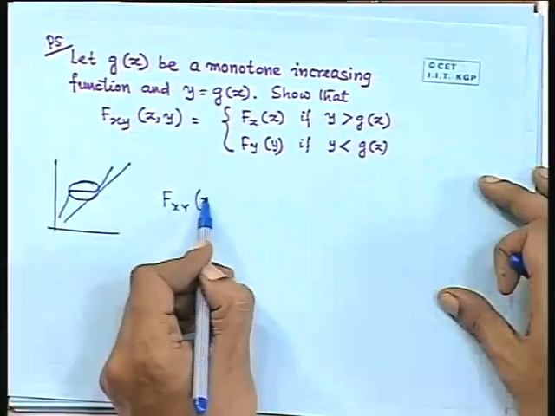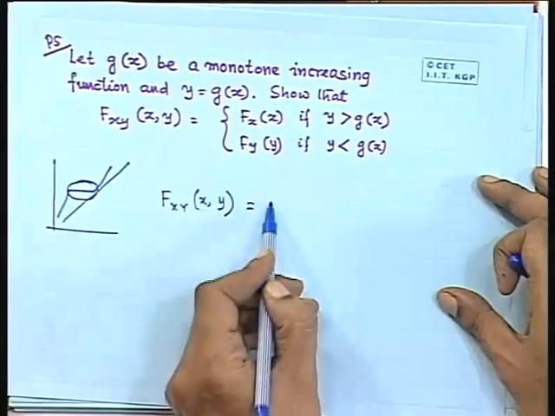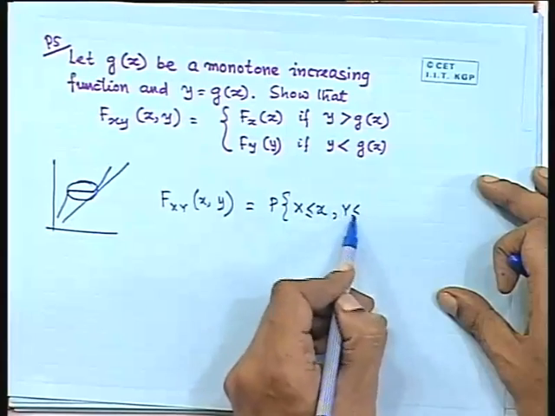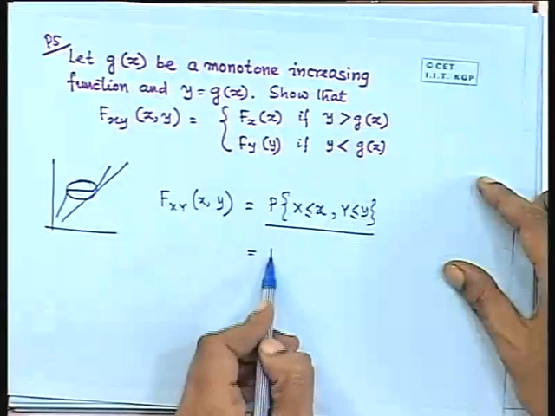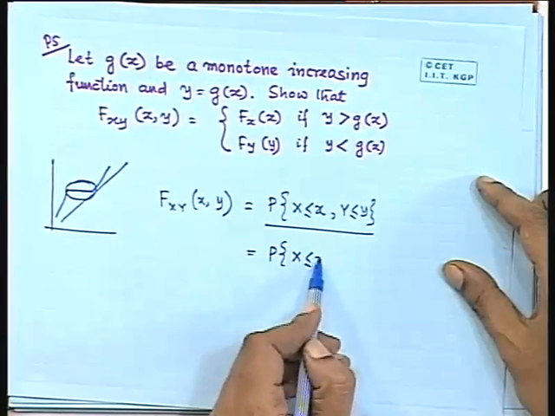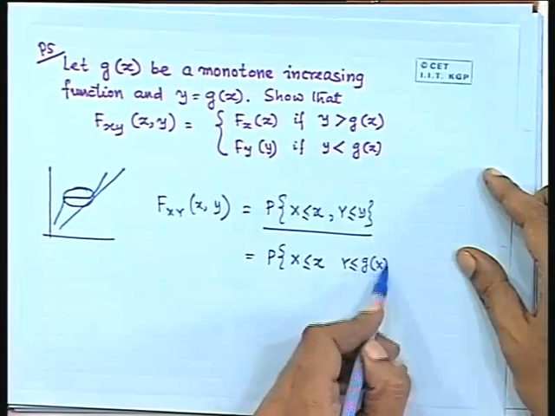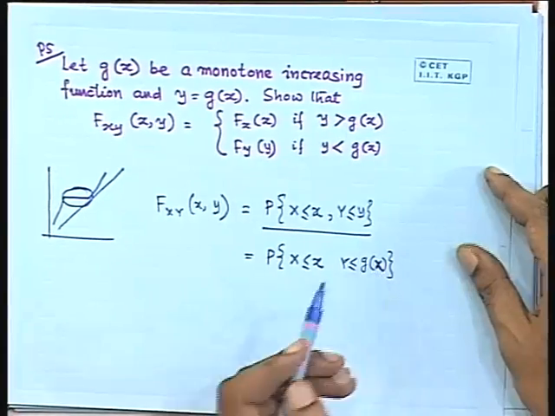What is F(x,y)? You have to always go back to definitions when there is confusion. It is the probability that X is less than or equal to x and Y is less than or equal to y. Is it not? Now the point is that if X is less than or equal to x, then necessarily Y is less than or equal to g(x), because it is a monotone increasing function.